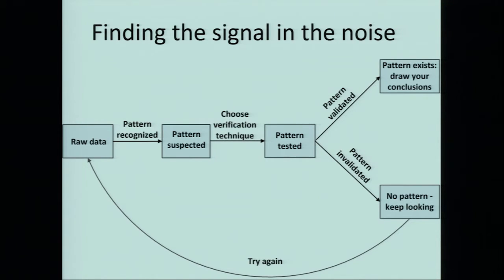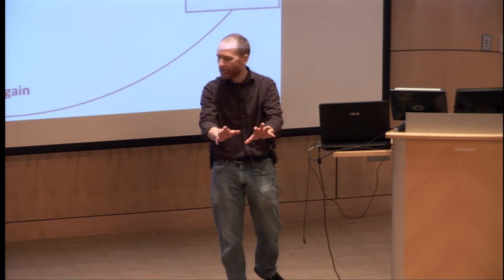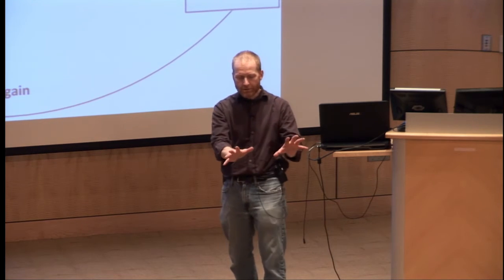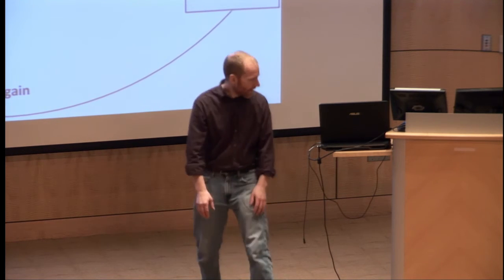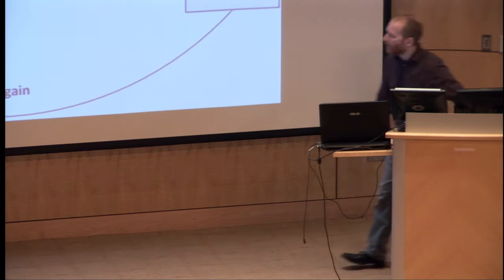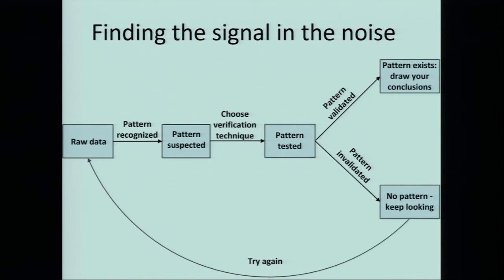Let's say I'm looking not necessarily at raw numbers, but maybe I'm using some sort of a graphic or some other abstraction. And at first I just see numbers. And then I think, well, wait, I think I see something. I see a pattern in those numbers. And now I'm going to find some verification technique. Maybe this is statistical, maybe I'm going to make some other graphics, maybe I'm going to do something else.